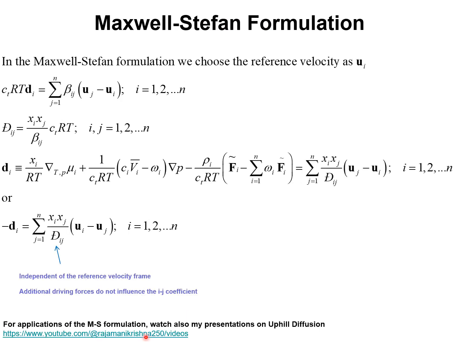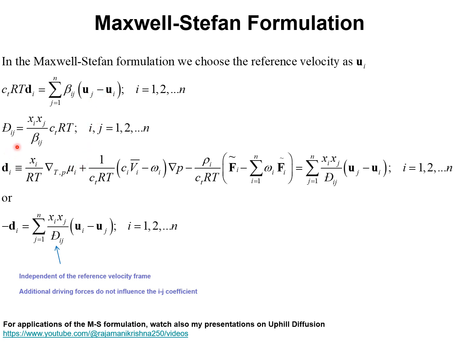In the Maxwell-Stefan formulation, we choose the reference velocity to be the velocity of transport of species i. And the Onsager formulation, therefore, is rewritten in the form: a driving force as a linearly dependent function of the velocity difference between species j and species i.